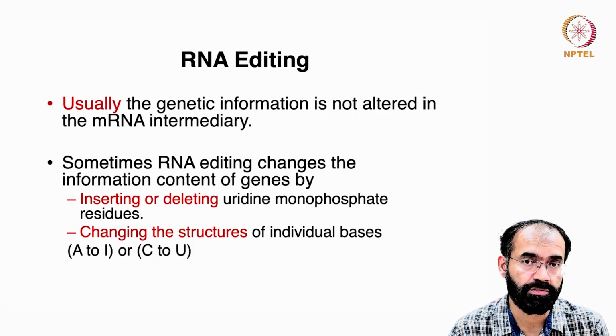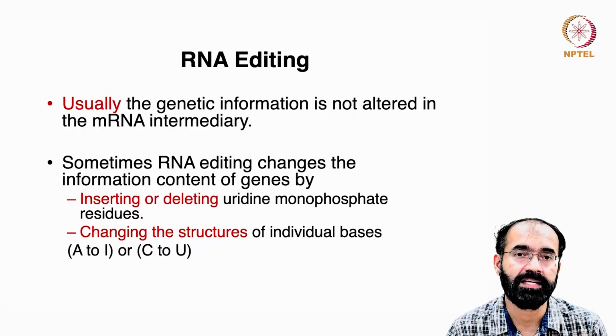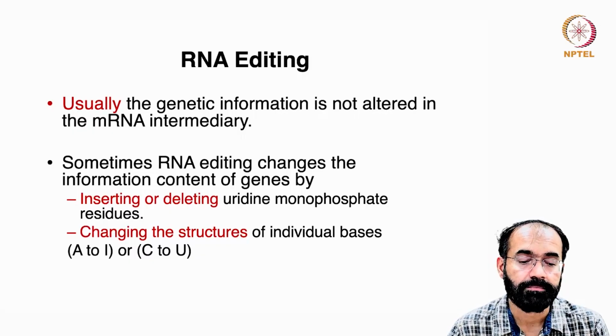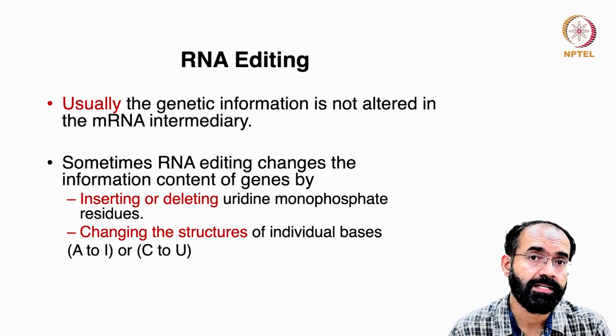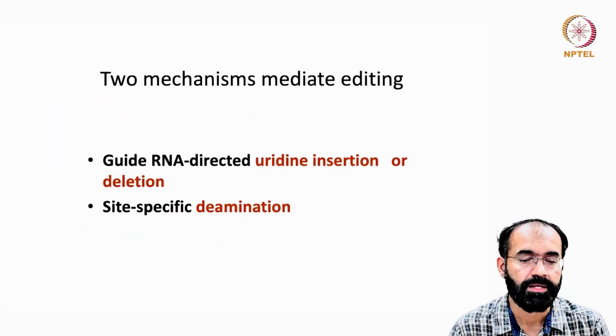I stands for inosine, which is a neutral base. It doesn't have a specific affinity; if there is an inosine, it can pair with A, G, C or U. And C to U: there was a cytosine present that is now converted into uracil. So this is another change.